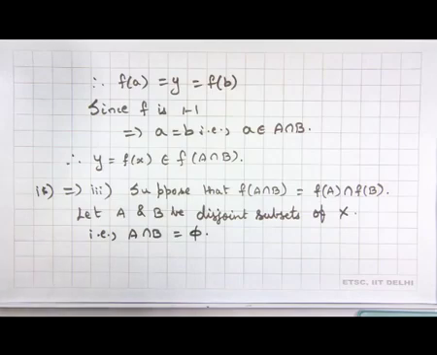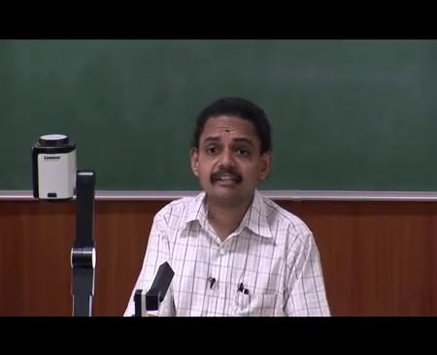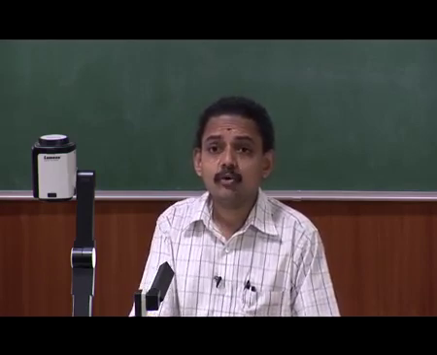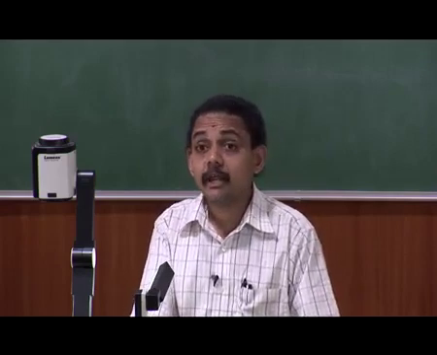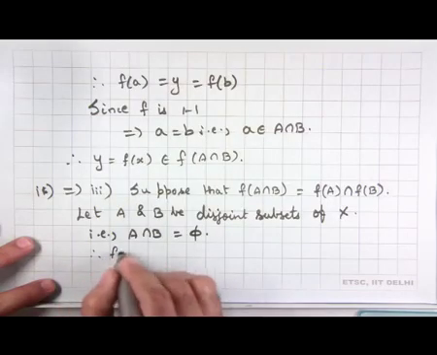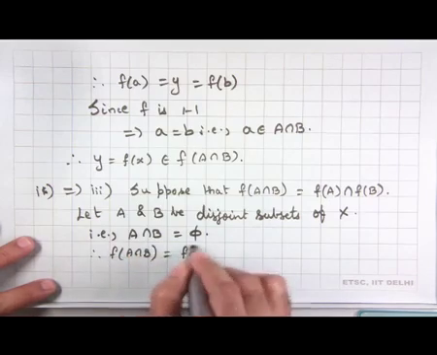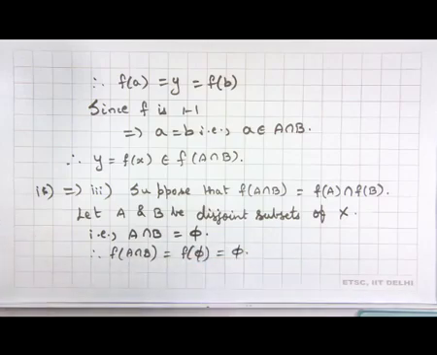Now, the way we have defined a function, it is a function from a non-empty set X to a non-empty set Y. So, by convention what we always choose is that the image of an empty set is empty. So, this is by convention, and therefore, f of A intersection B, which is going to be f of empty, is going to be just an empty set.